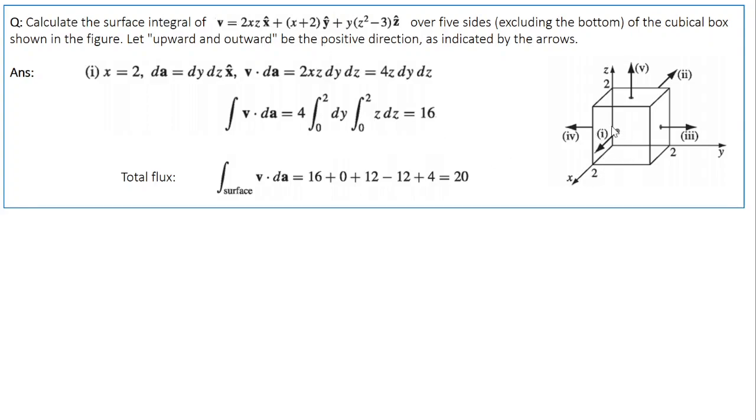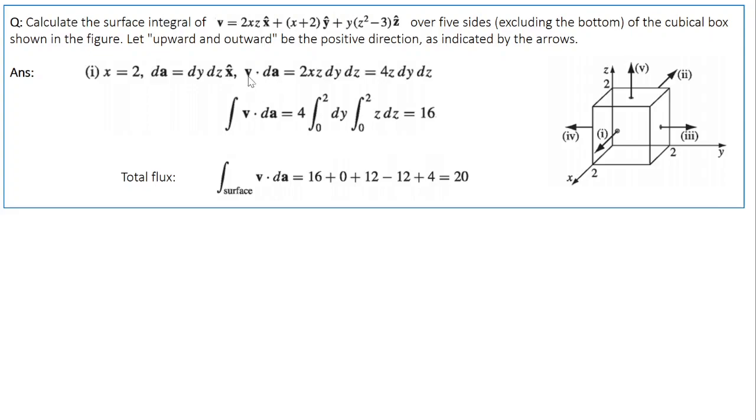Let's take the first side, this side, where the area vector points along the x direction. So this side is along the YZ plane and x value is constant, this is 2. And since this is in the YZ plane, you can write the small element of area vector dA equal to dy dz x cap.